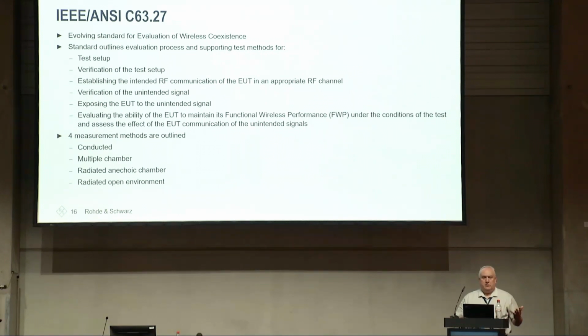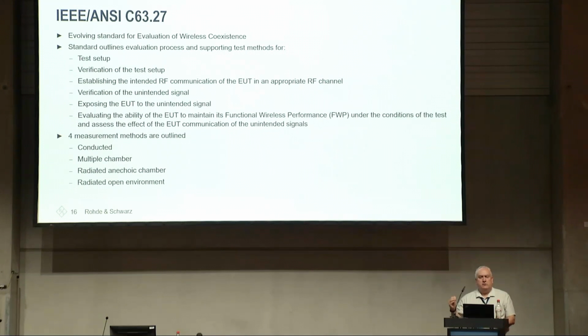You expose the EUT to the unintended signal, and then you can evaluate, and we'll talk about the evaluation in a second, the ability of the EUT to maintain whatever its functional wireless performance parameters are under the conditions of some kind of interferer, and assess the effect of the EUT communication on unintended signals, because it's probably a two-way communication. Cellular would be a typical example.